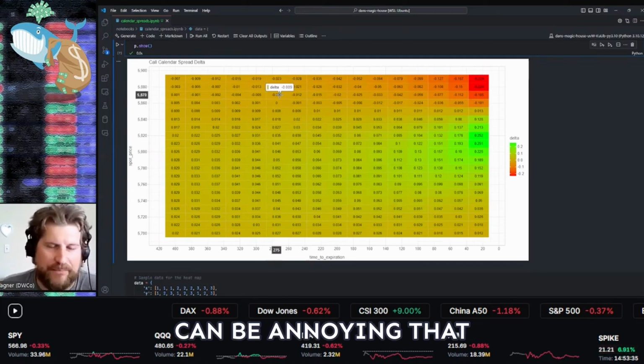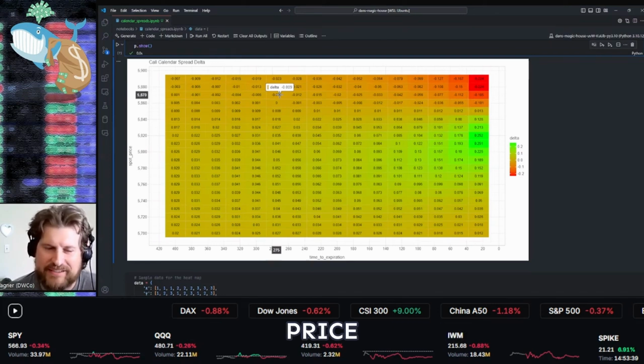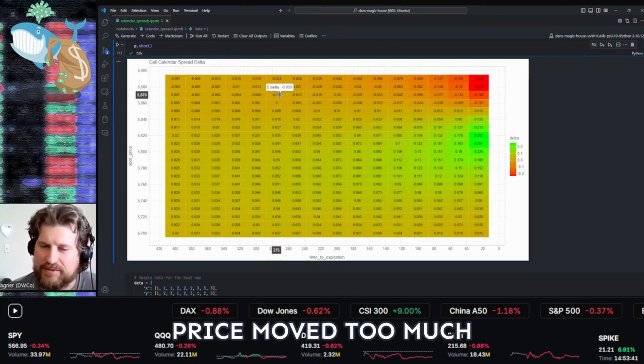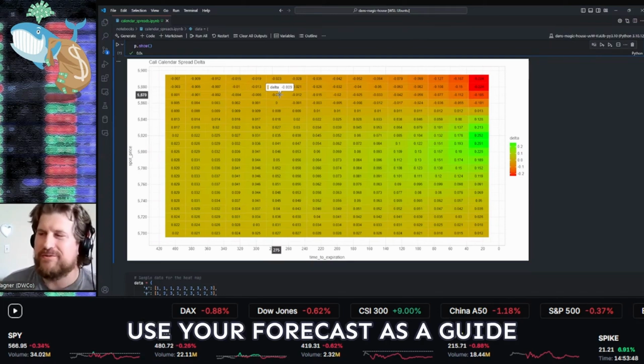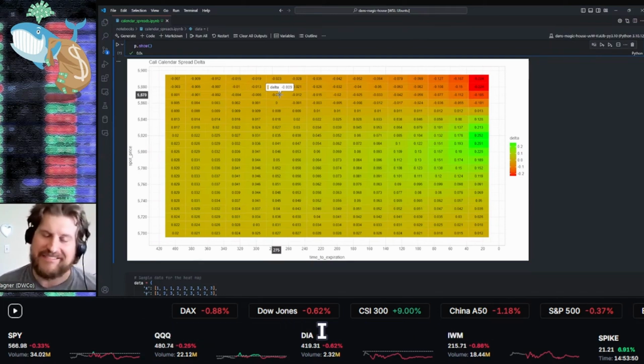Which can be annoying. That price moved too much, but you can use your forecast as a guide, right?